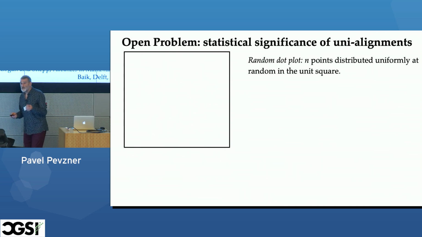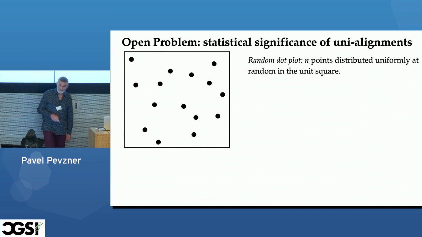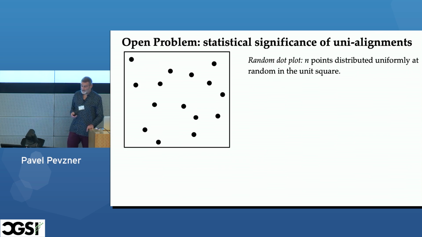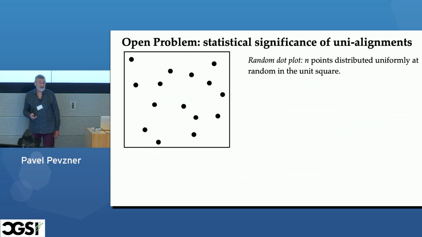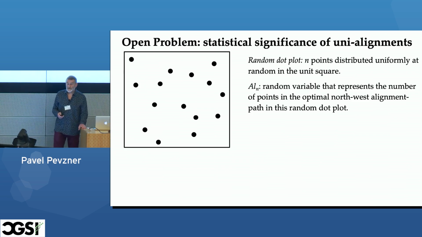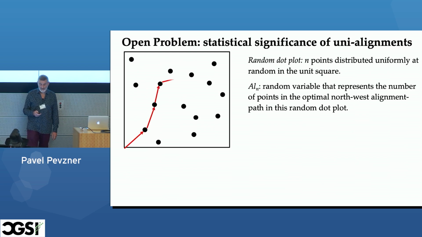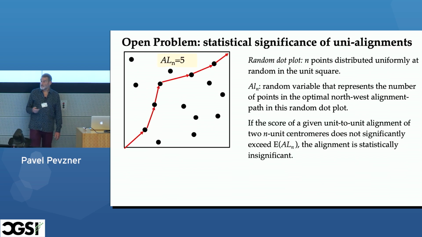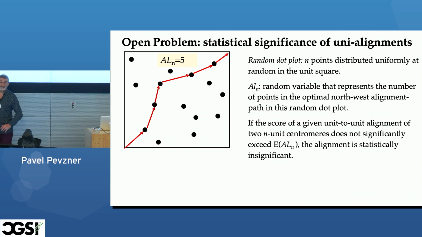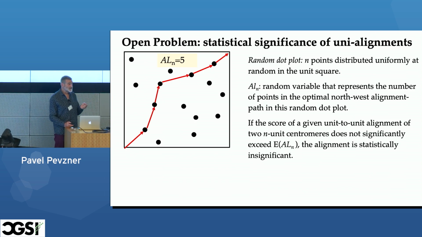What does it have to do with our problem of interest? Imagine a random dot plot, where we randomly drop n points uniformly at random. We can ask a similar question: look at the random variable that represents the number of points in the optimal northwest alignment path in this random dot plot. You see the similarity? It is somewhat similar to asking what the best alignment path is in the random permutation dot plot.